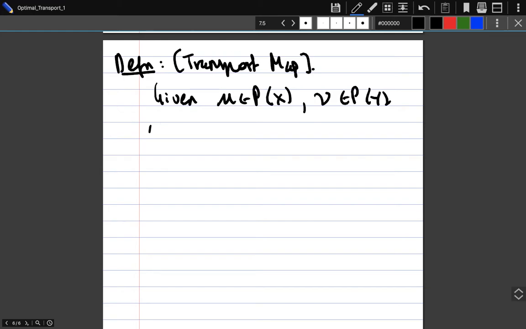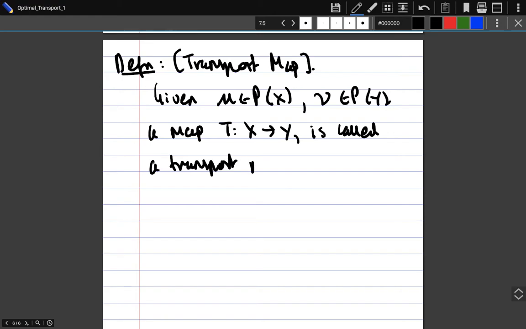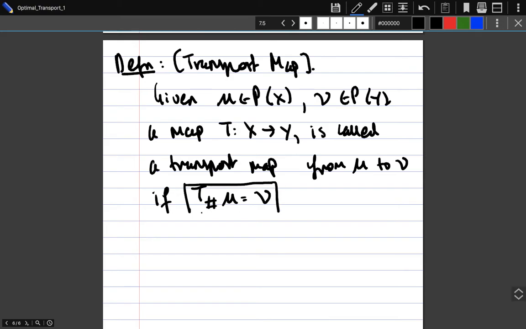We're defining a map that goes from X to Y, and this map is called a transport map from mu to nu if nu is indeed a push forward measure. So if this equality holds, then T will be a transport map. And so this is what it actually means to transport a measure mu to a measure nu.